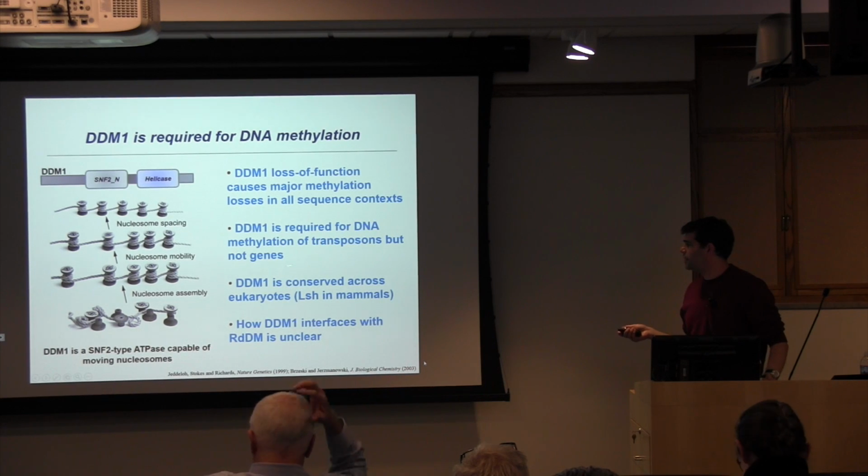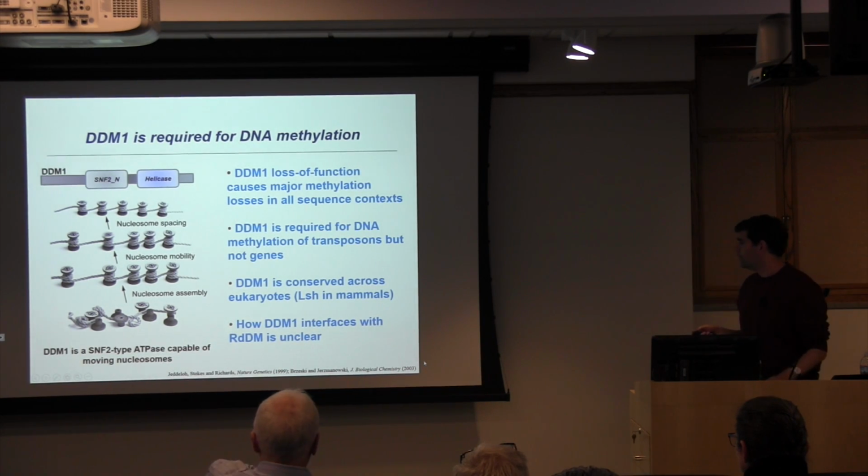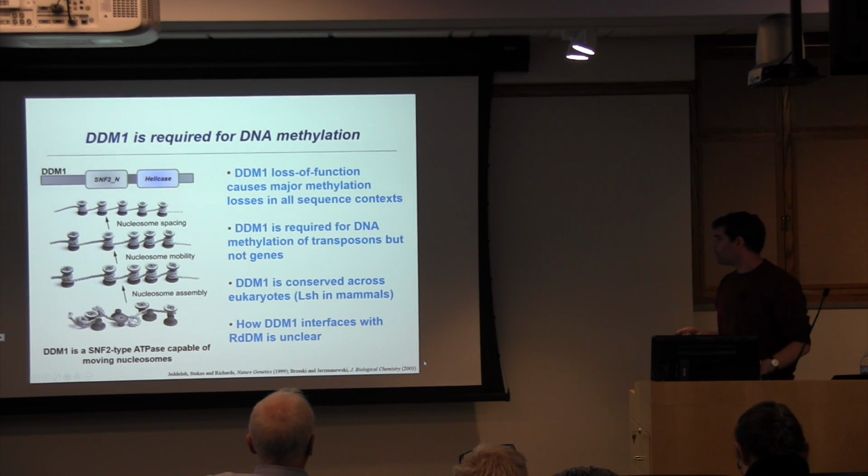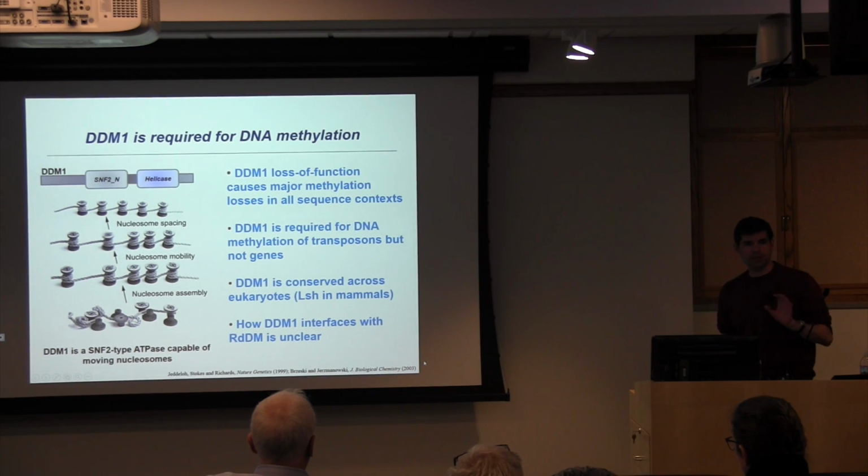So this gene methylation I mentioned is not really affected by DDM1. It has a close homologue in mammals called LSH that appears to do more or less the same thing. But how DDM1 actually interfaced with DNA methyltransferase systems, including RNA-directed DNA methylation, is really unclear. I don't know how it was actually mediating methylation in all the different sequence contexts.